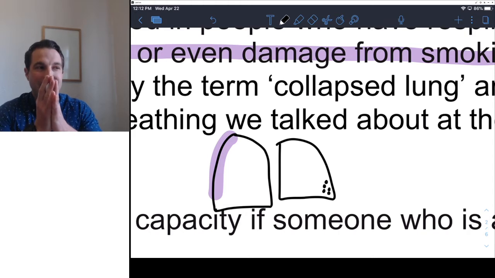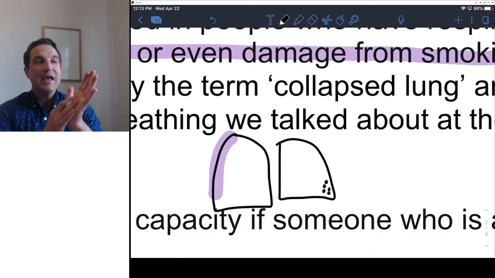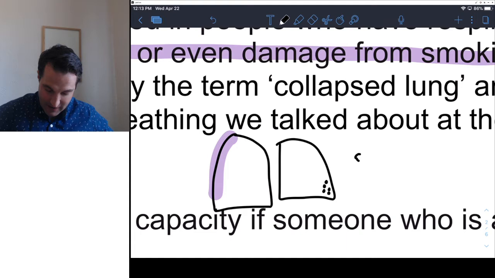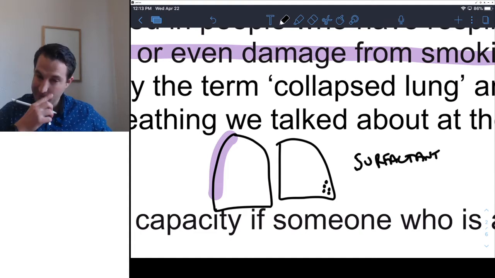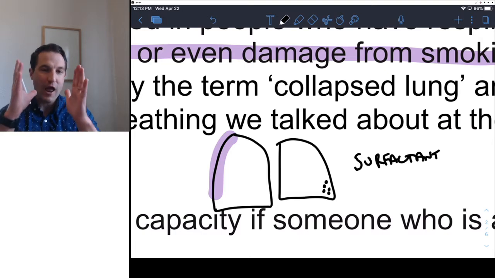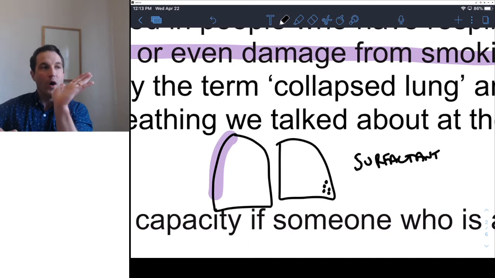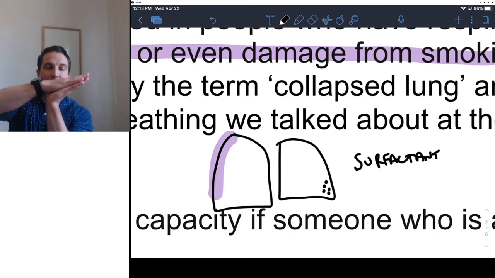So what happens then is you have a fluid within your lungs that is a great lubricant, okay? And this lubricant is called surfactant. And that helps when you breathe in. You don't feel the friction of your lungs changing size because of that surfactant. However, when your alveoli collapse, that surfactant is between one side of the alveoli and the other.